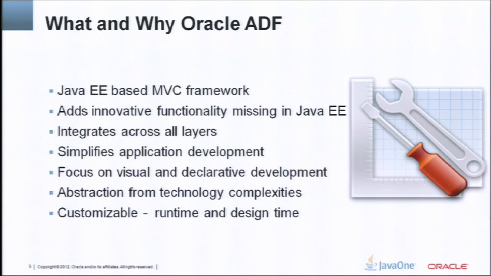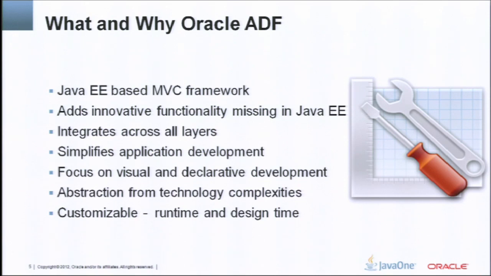It also integrates all the layers. It's not just a framework for object relational mapping or persistence. It's not just a framework for UI. It's not just a framework for a controller layer. It's actually a framework that integrates all of those, along with things like security that goes throughout all the layers. So you can define security on your business service that then will automatically reflect in your user interface.